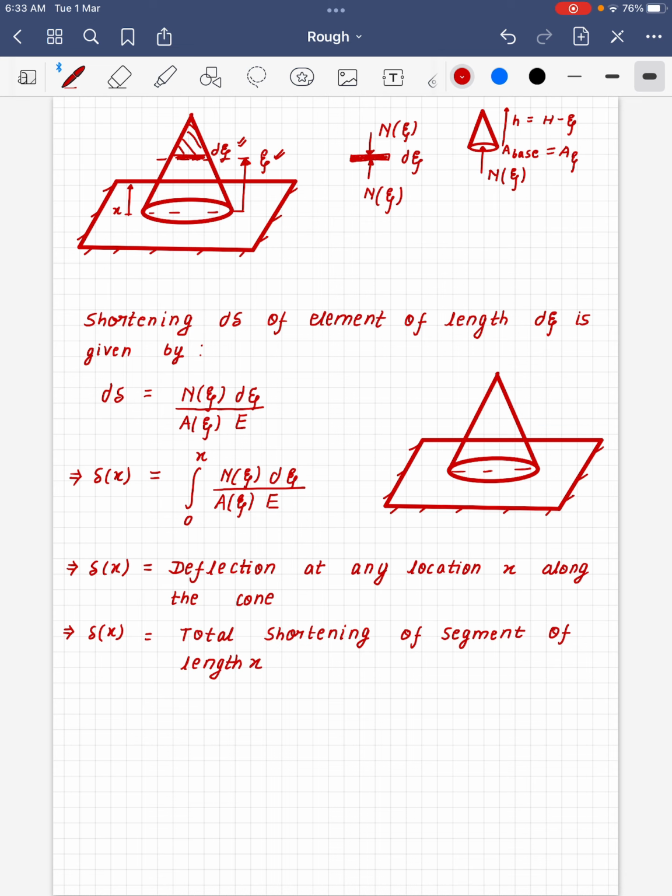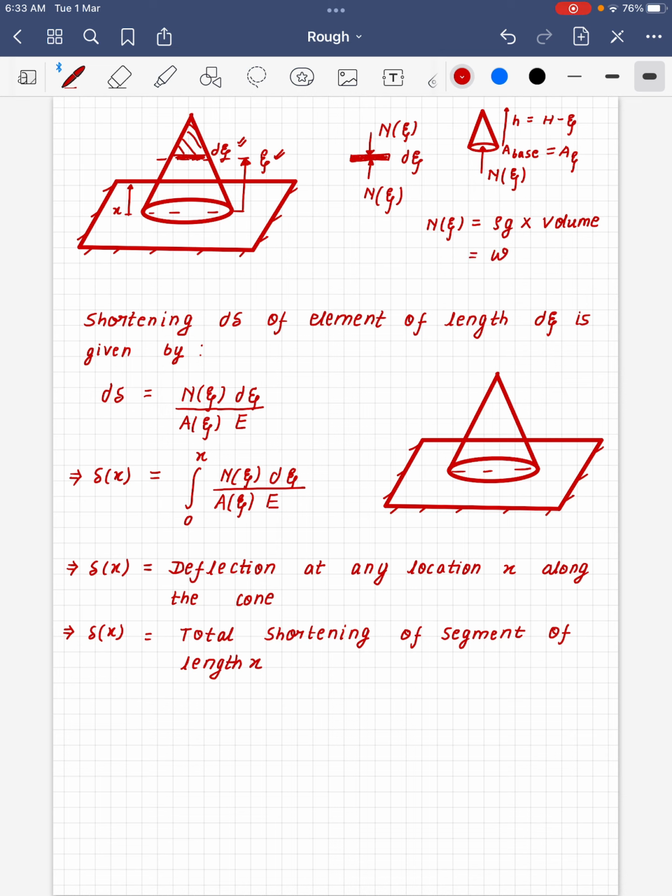So the internal axial force will be the weight above this element, which will be rho g into the volume of the cone above the element.